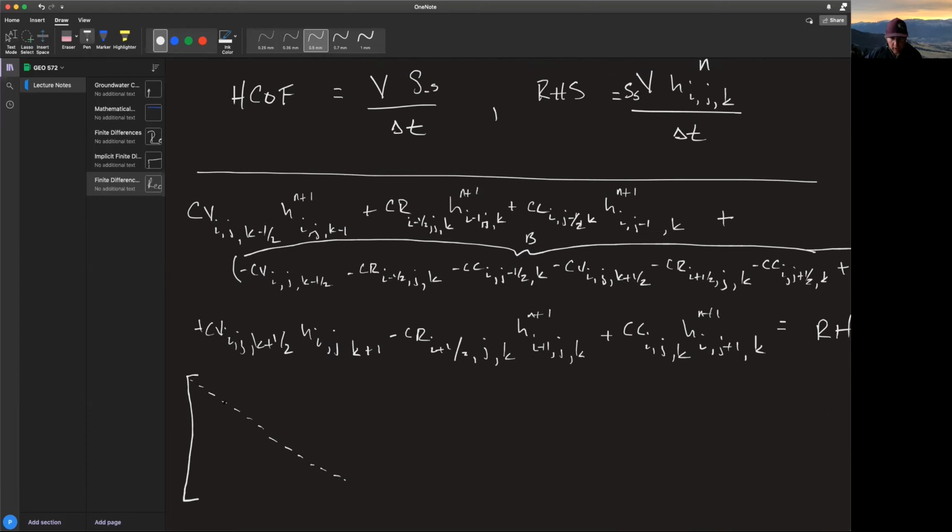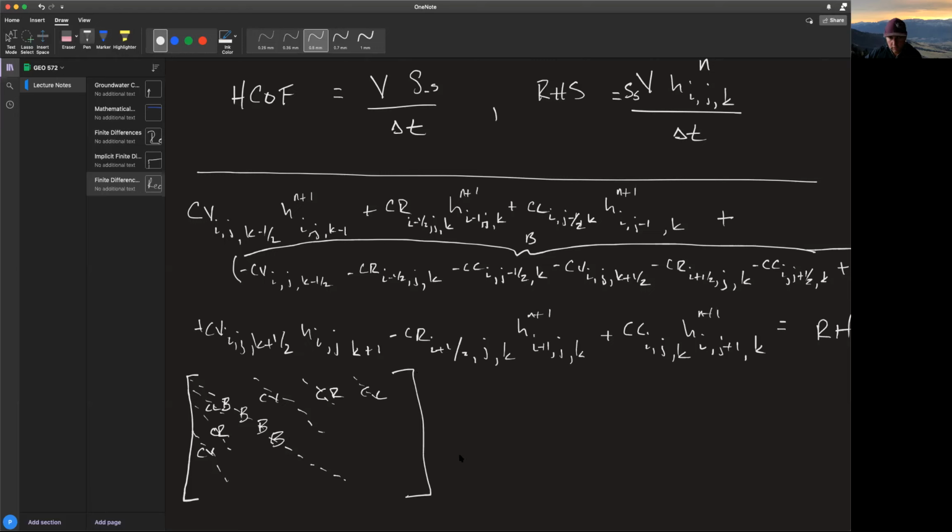The main diagonal would have B's on it. Each one of these would be B. And then we'd have other diagonals. This diagonal here would be CV. This diagonal here would be CR. CC. CV. CR. CC. So these are all diagonals.